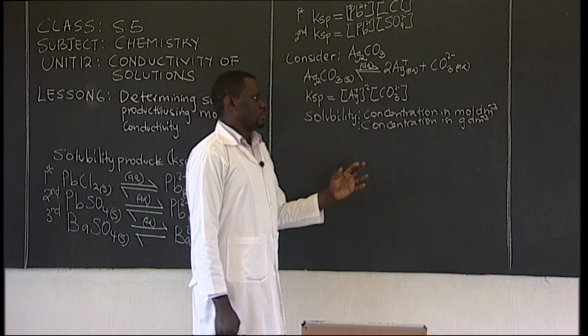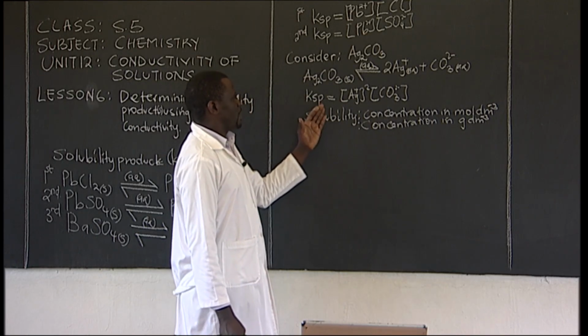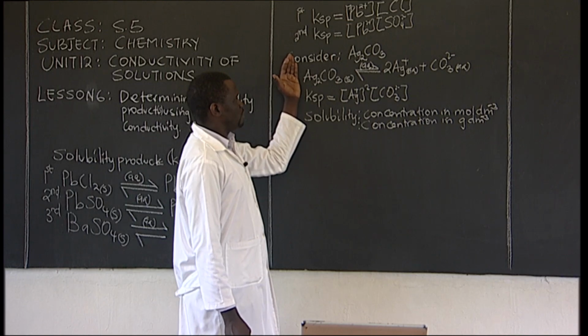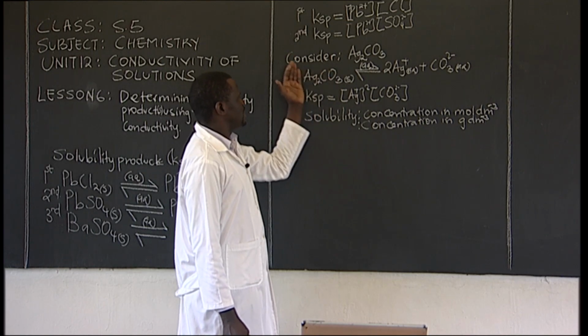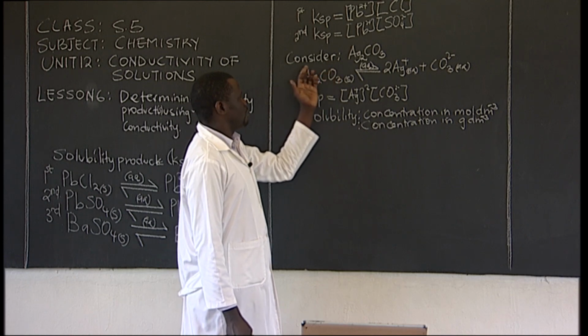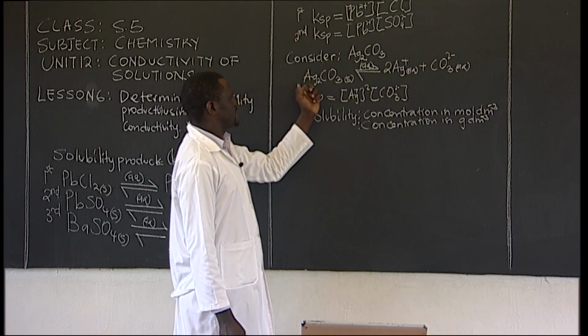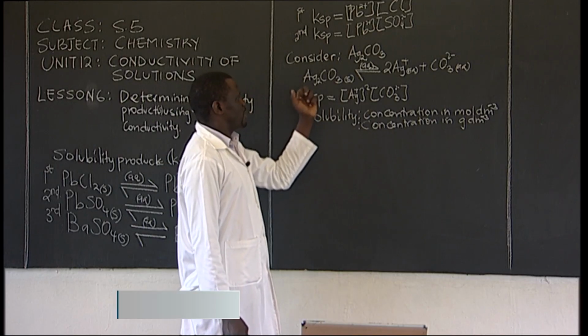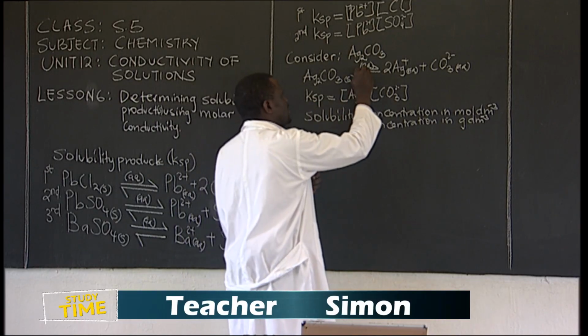Let's go back briefly. For example, here, this is the equation for solubility or dissolving of silver carbonate in water. We know that silver carbonate is sparingly soluble in water. Because it is sparingly soluble, we represent it with these equations.